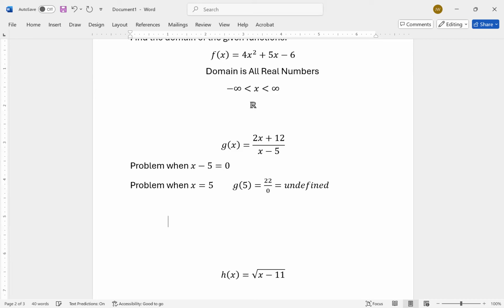So the domain is all real numbers, excuse me, except for when x is equal to 5. So it's all real numbers except when x is equal to 5.